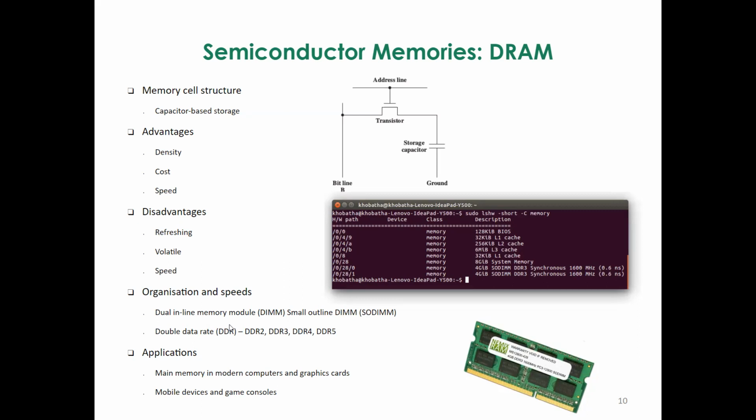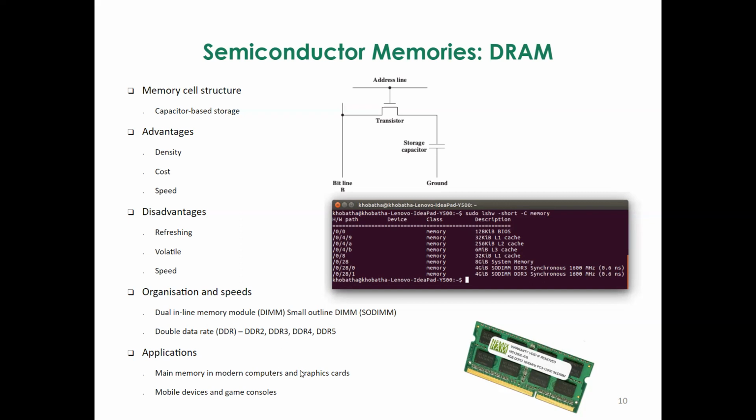multiple channels, which allows the processor to, at the same time, read or write to the same memory chip at the same time, because that improves the bandwidth, basically the amount of bytes that you can read or write at the same time to the memory chip.